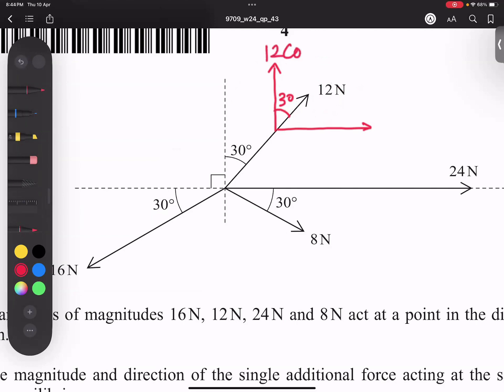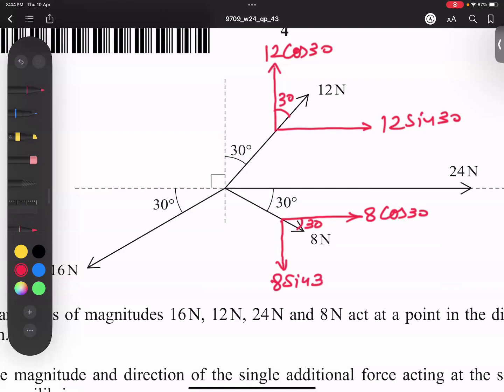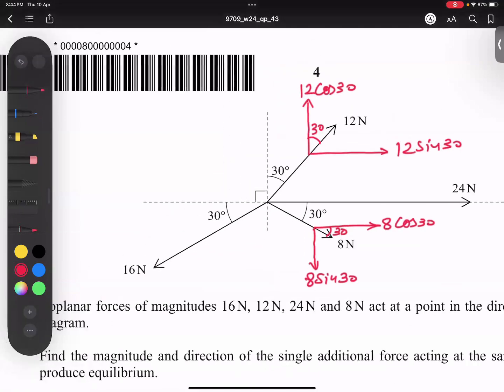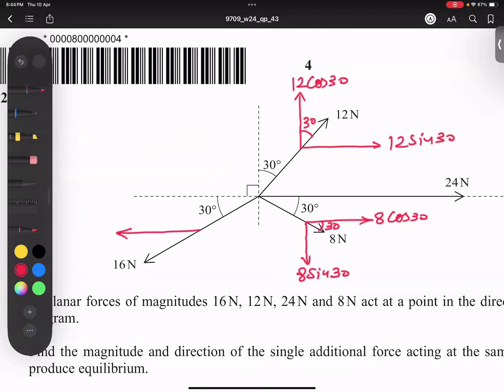So 12 cos 30 and 12 sine 30. In the same way, one force acts parallel to the x-axis and one parallel to the y-axis, and 30 is acting here. So 8 cos 30 and 8 sine 30. Let's talk about the other one: there's a 30 here, so 16 cos 30 and 16 sine 30.